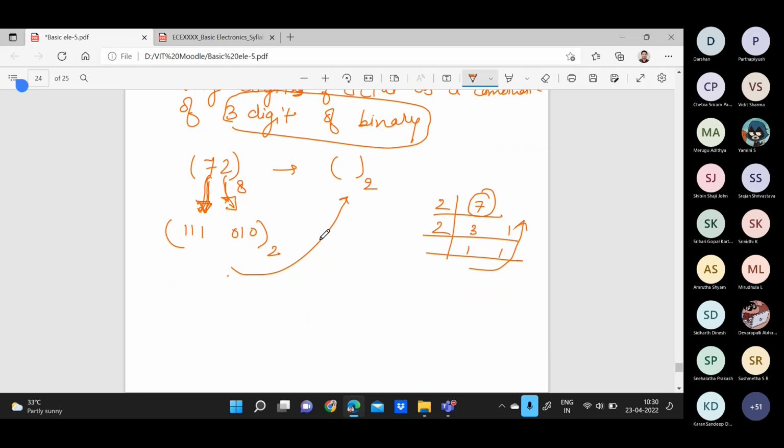Similarly, every digit of hexadecimal is equal to 4 digits of binary.